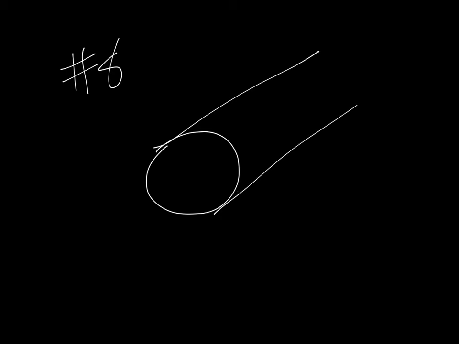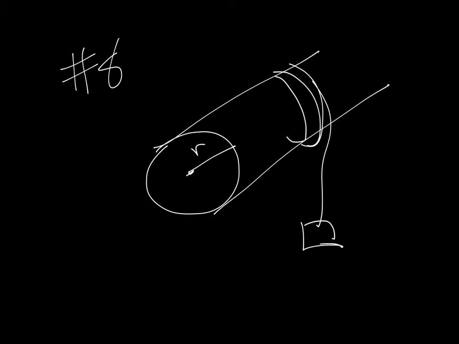And then number 8. Number 8 gives you a rod with a certain radius r, and you have something wrapped around it like a string, and then hanging off that string is a bucket with a mass, and it gives you that radius.